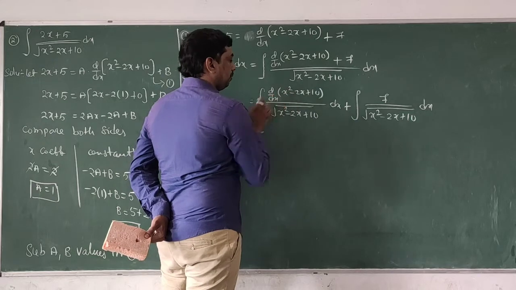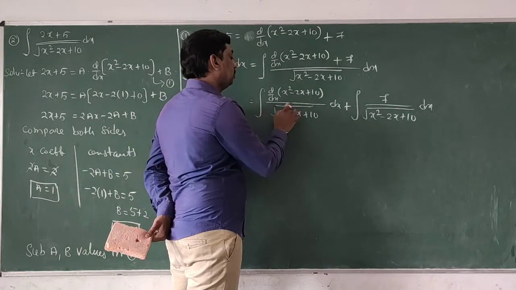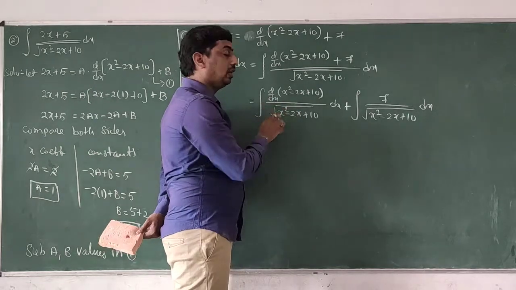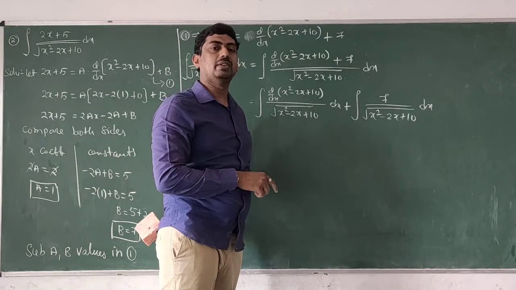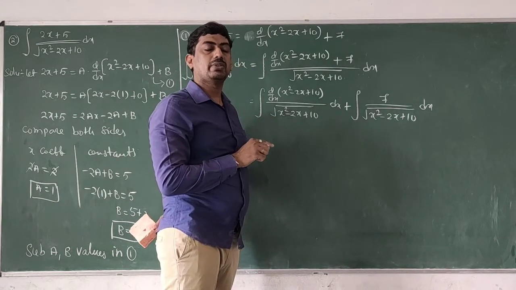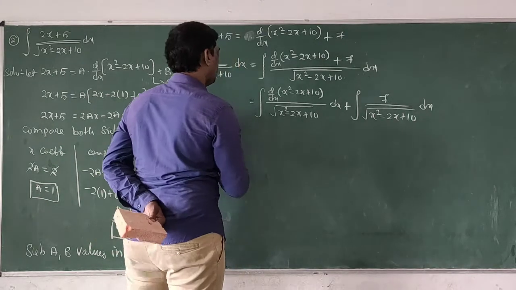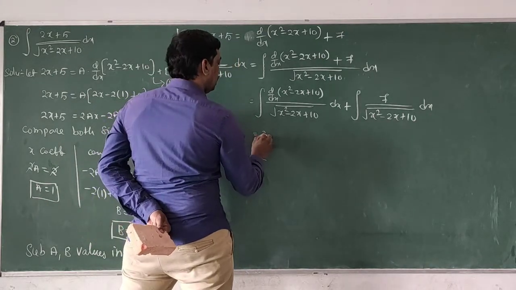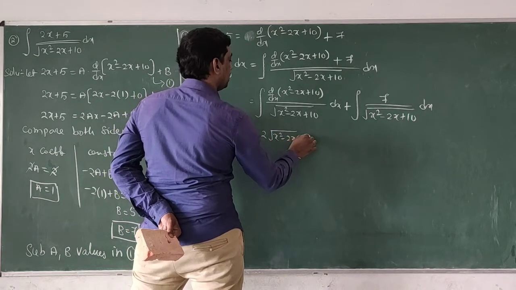The derivative of f of x is f dash x. This one is root f of x. Read that one: integration of f dash x by root f of x. Very good. Integration of f dash x by square root of f of x equals 2 root f of x. So 2 root f of x means 2 root of x square minus 2x plus 10.